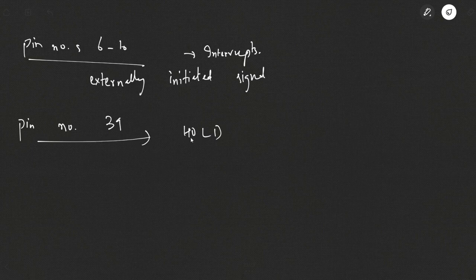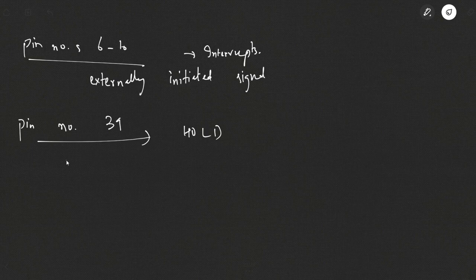As we have seen from the timing diagram of T states, there is one more state, that is the hold state, T hold. In this state, the microprocessor will enter the T hold state. Again, it's an externally initiated signal.